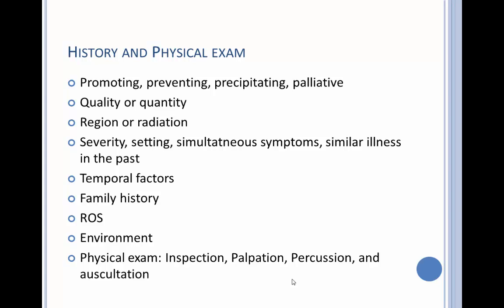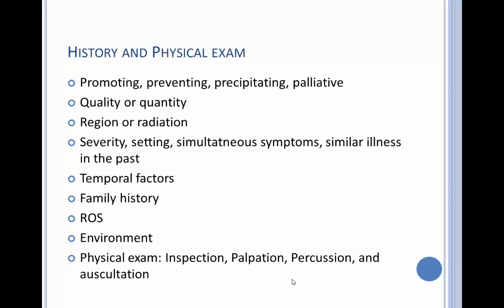Are there any associated symptoms or radiation? For example, if the patient has pneumonia, patients could have chest pain due to pleurisy. Is there shortness of breath or a productive cough associated with pleurisy? Other signs and symptoms could manifest that there's a major systemic condition going on, such as fever or poor feeding.